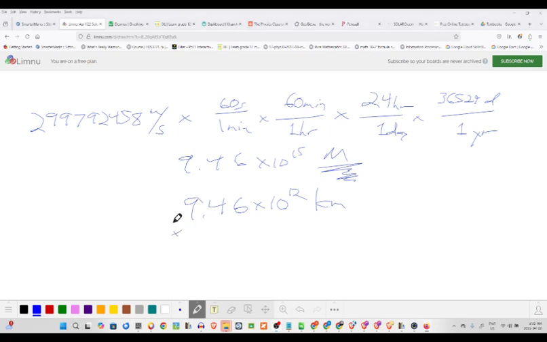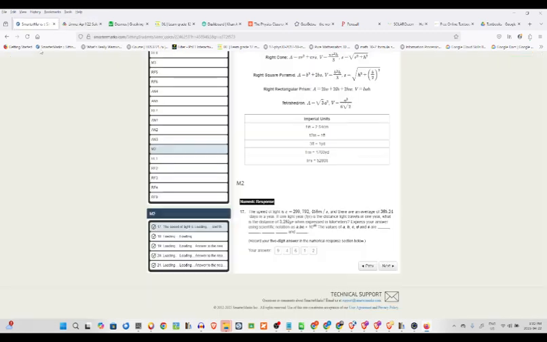So we do this times our 3.28 light years. And then our number here is 3.103 yada yada times 10 to the 13. Okay, so I apologize for missing that piece.